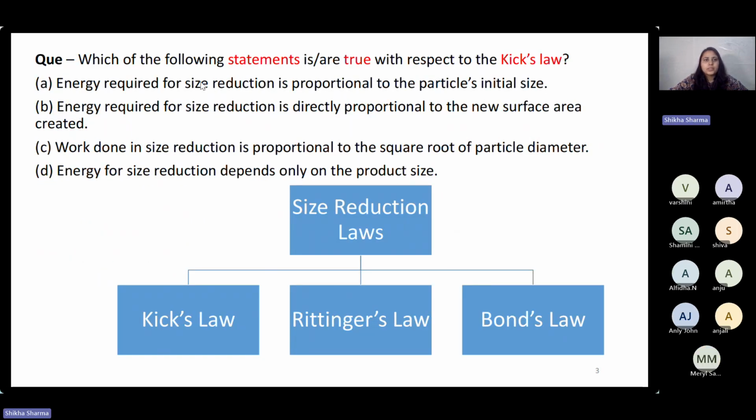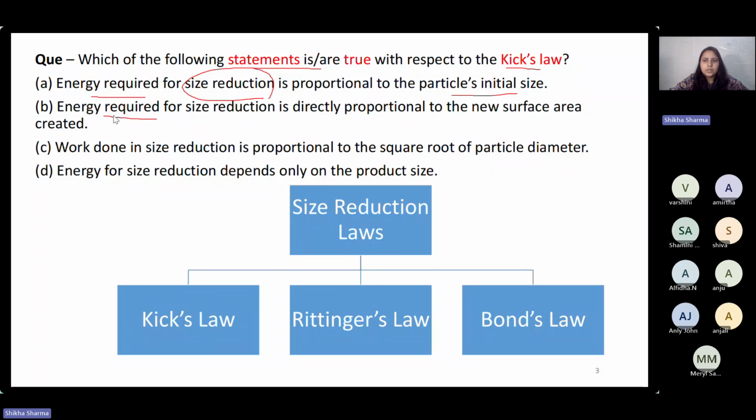The first question is about Kick's law. Which of the following statements are true with respect to Kick's law? First statement: energy required for size reduction is proportional to the particle's initial size.